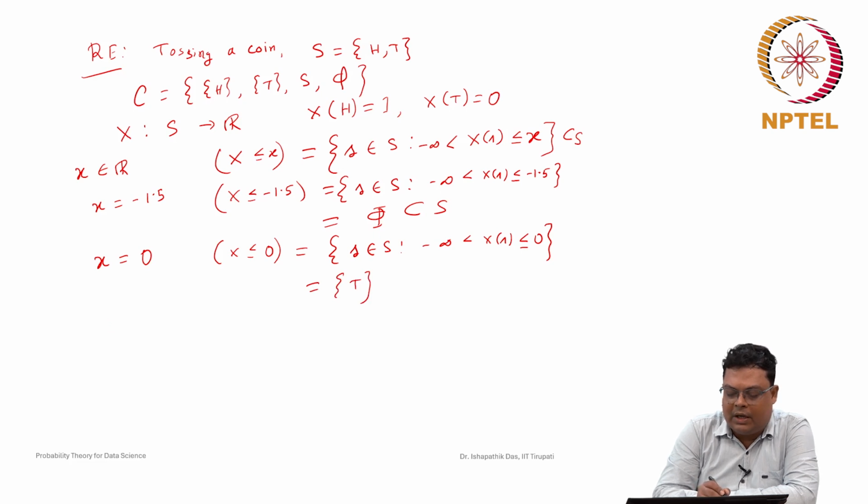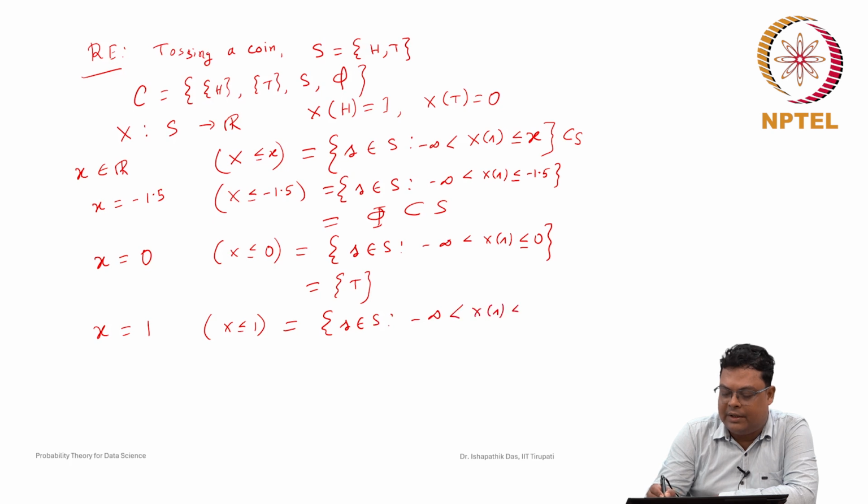Now, if you consider x equal to 1, then {X ≤ 1} is all s belonging to S such that X(s) is less than or equal to 1.